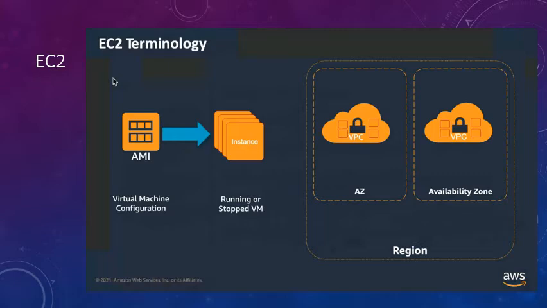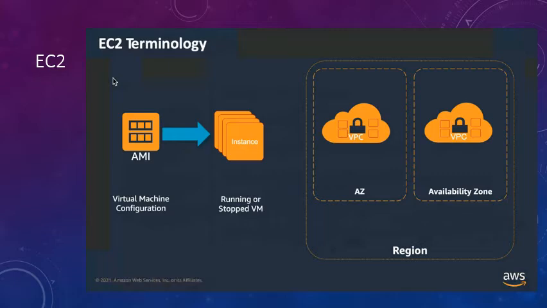The machine image is what's used to create an instance. So for example, when you create an instance, you select which machine image you want to use. And the machine image might be a Linux or a Windows image. It might have more CPU or less CPU, more RAM or less RAM, and so on. So you use an AMI to create any instance.